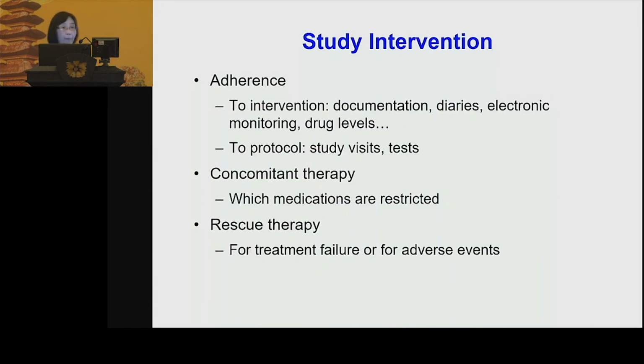All right. You also have to, during the course of the study, collect data on adherence. No matter how good the intervention is, if your patient is not taking the pill, it doesn't work. So think about how you're going to do that. Oftentimes, it is based on asking the patients, but do you trust the patients?